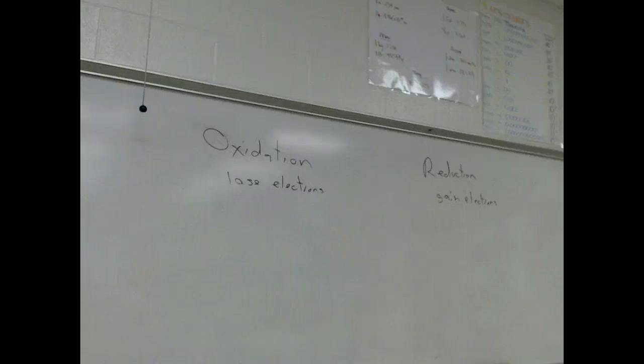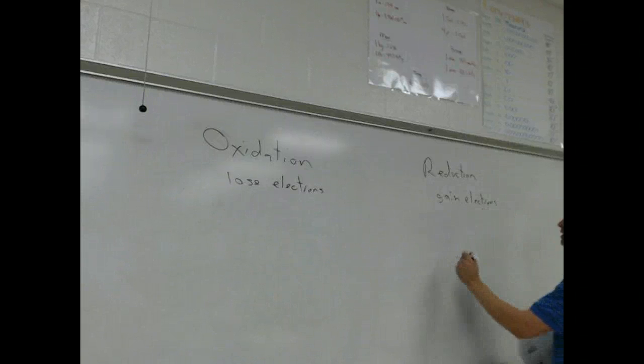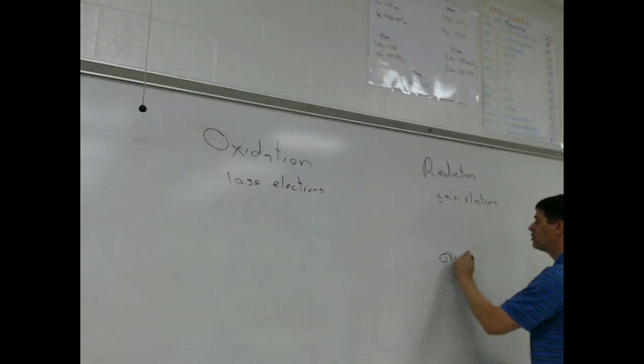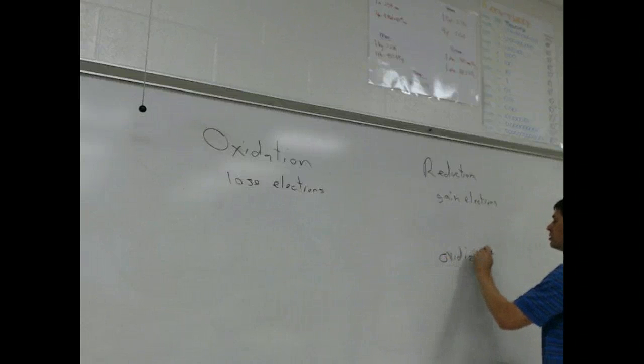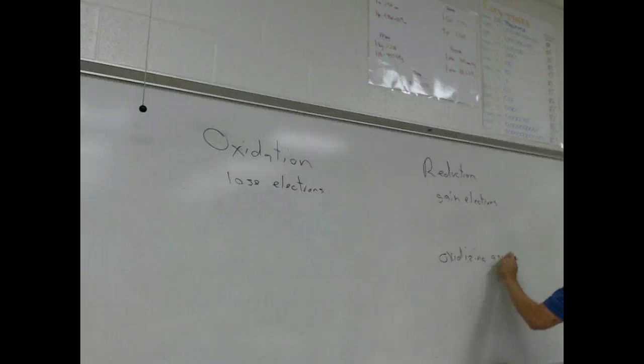If you look down below, oxidizing agent. The oxidizing agent is the species that causes the other substance to be oxidized. So the oxidizing agent is reduced. If one thing loses electrons, something else must gain electrons.